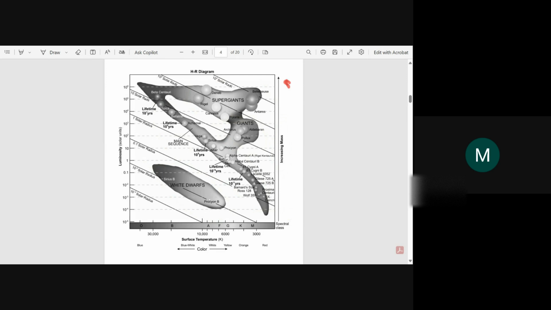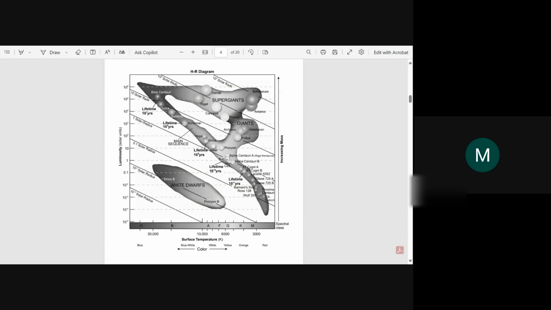As you go up, the mass or the size of the star increases. It corresponds: your white dwarfs are on the smaller end, whereas your supergiants are on the larger end.